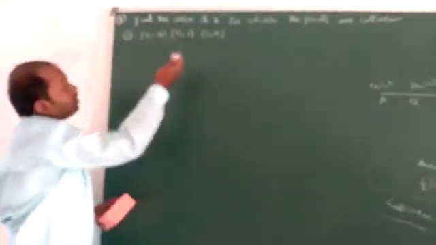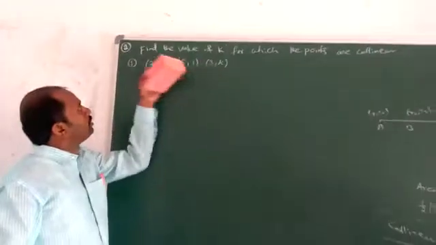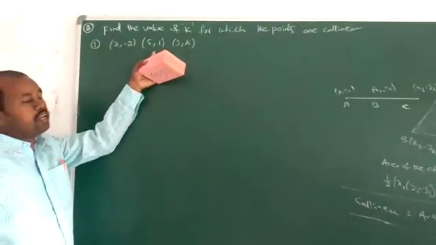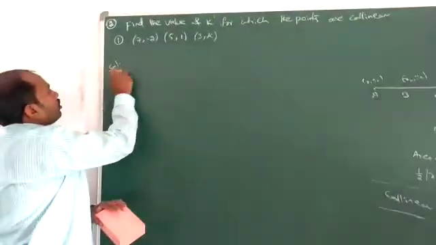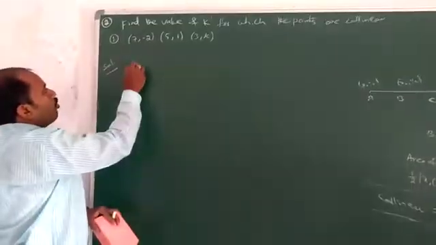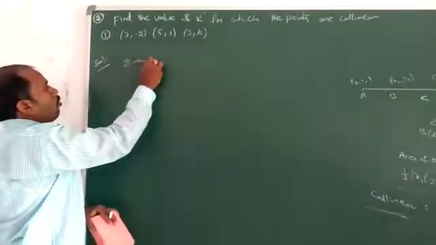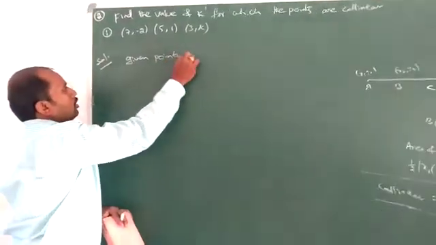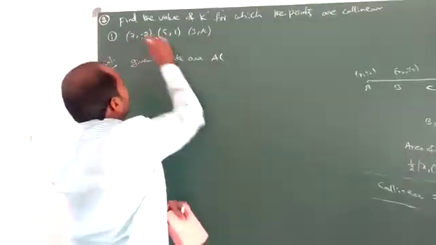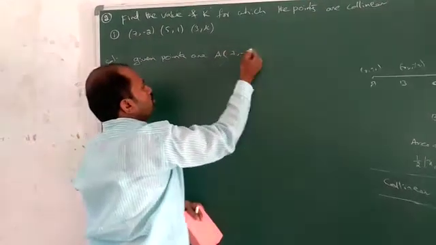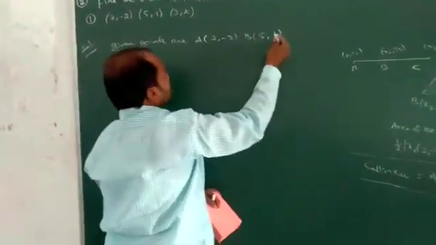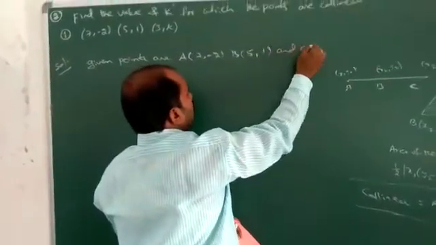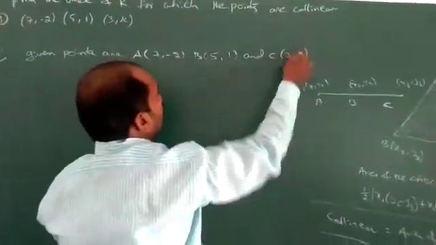Now the concept is used. First, find the value of k. Already you have written problems like the first bit. Here there are 3 bits. Now you write the first bit. Okay, solution. Write the given points. The given points are first point A (7, -2), B (5, 1) and C (3, k).